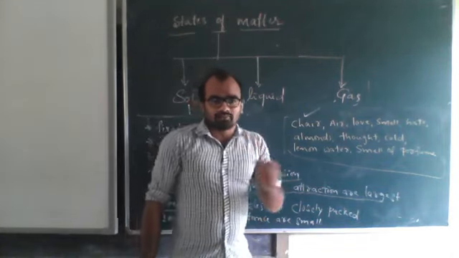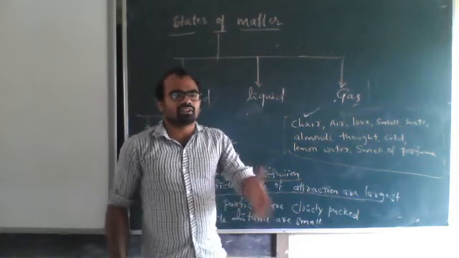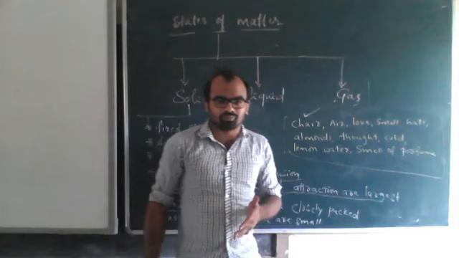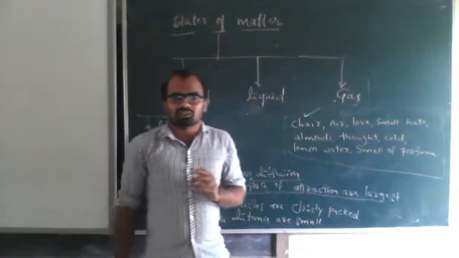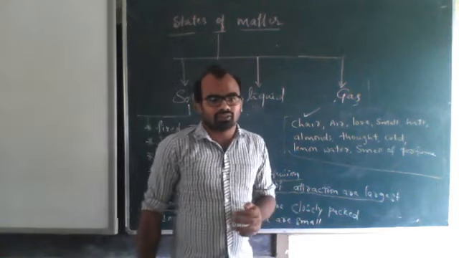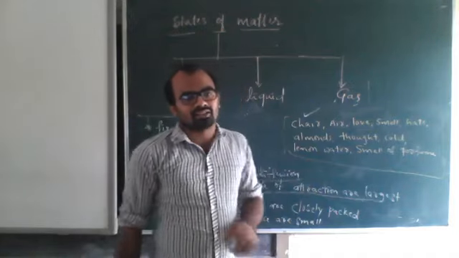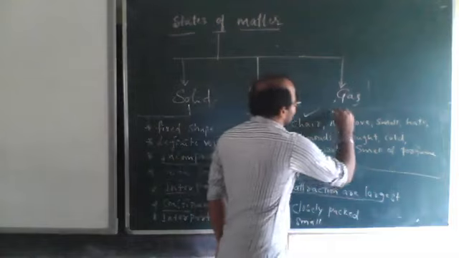I have given an example. In the cylinder, if the cylinder is vacant, the weight of the cylinder is lighter. After the cylinder is filled with gas, then the weight is a little bit heavier. So the gas, or air, has mass. So that means it is a matter.